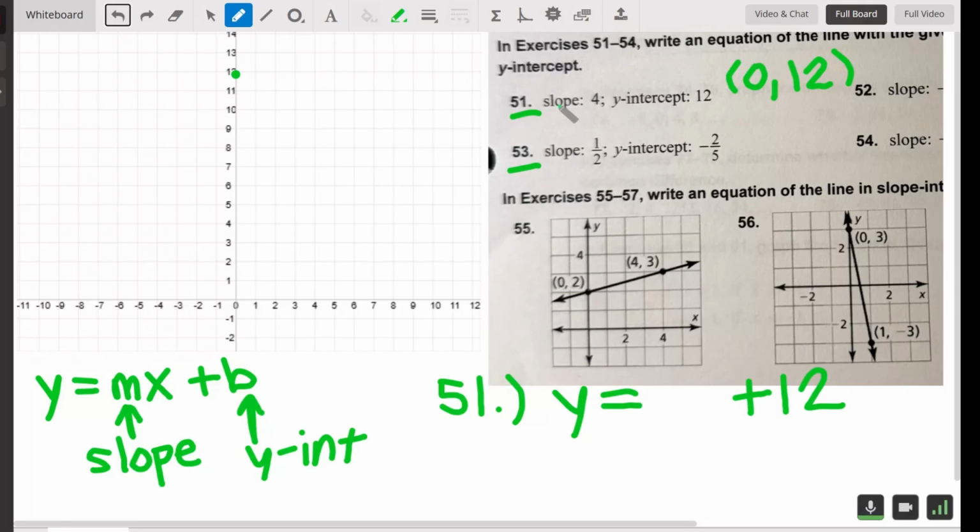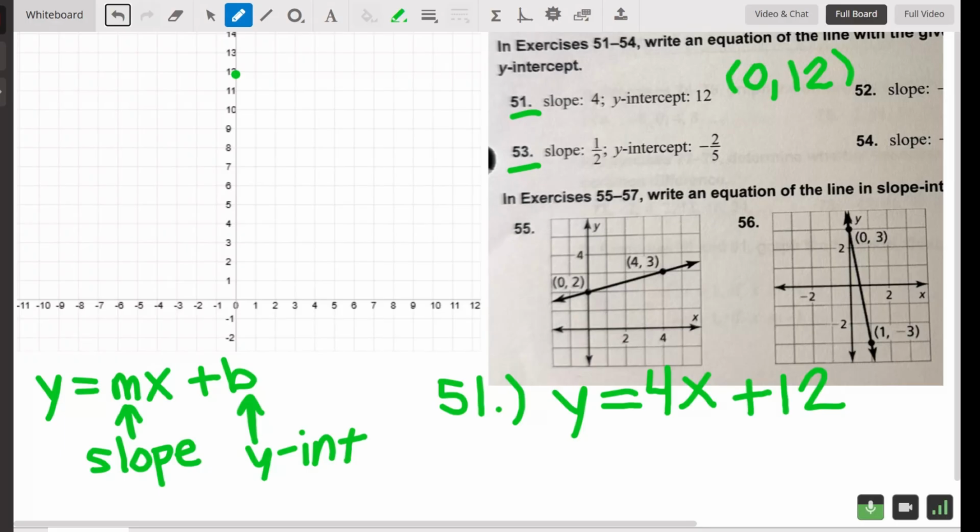The slope given is 4, and we know from our equation, y equals mx plus b, that m is the slope. So I'm just going to write in 4 for m, and then my x placeholder is right after that, 4x plus 12. So for 51, that would be y equals 4x plus 12.